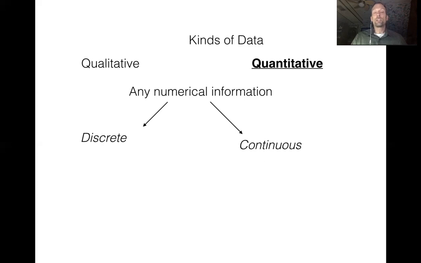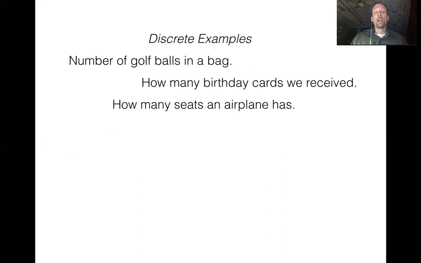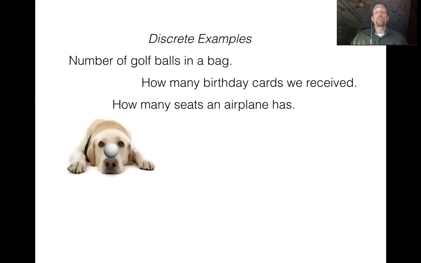Now, discrete is a little bit simpler, so we'll work with that first. Discrete is going to be anything that's a whole number and it's countable. So it needs to meet those two criteria. And if we think of examples of discrete, one example might be a number of golf balls in a bag.